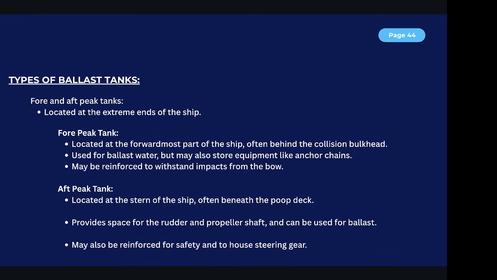While the aft peak tank is located at the stern of the ship, it is often beneath the poop deck.